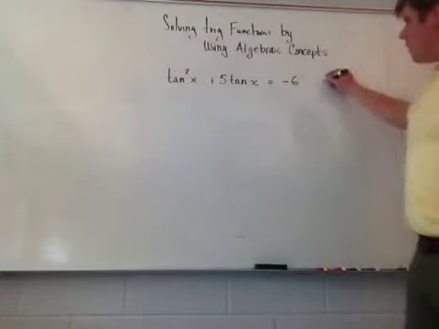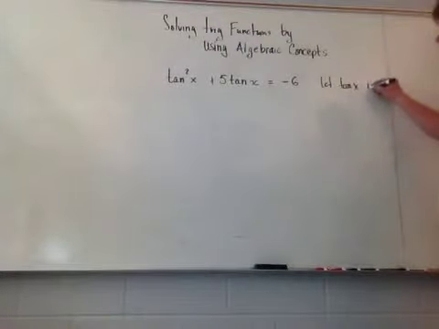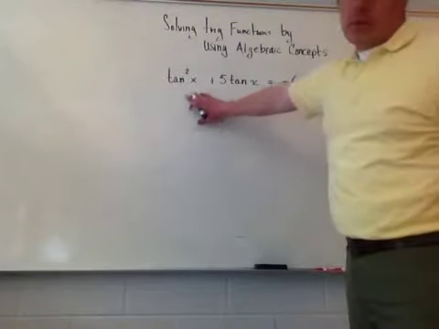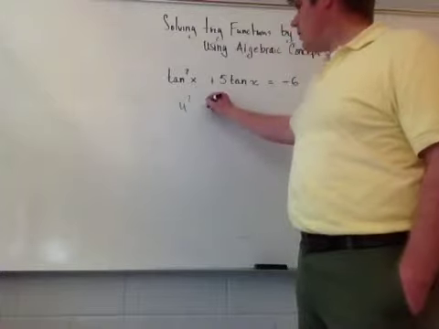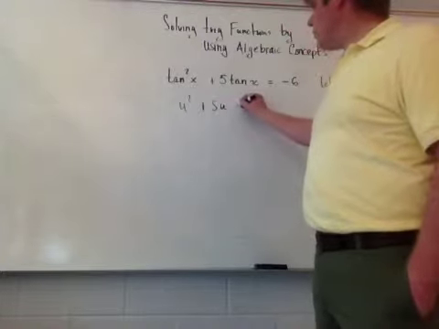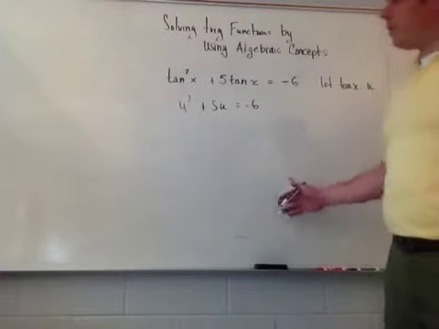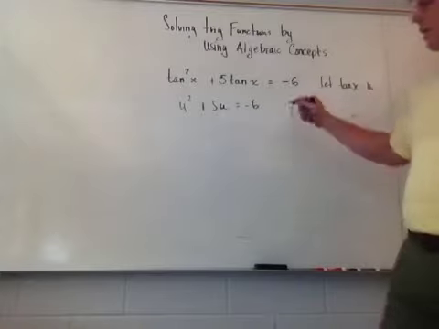Let tangent of x be equivalent to the variable u. This is called u substitution. So this becomes u squared plus 5u equals negative 6. Then I'm going to solve for u, and after the end, when I have my u's, I'm going to plug my tangents back in.